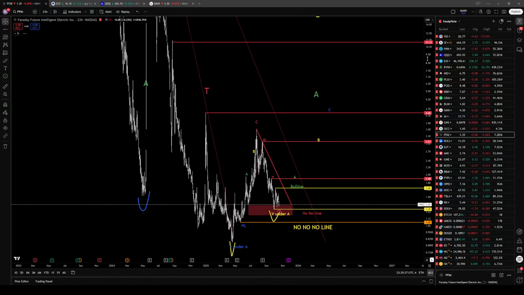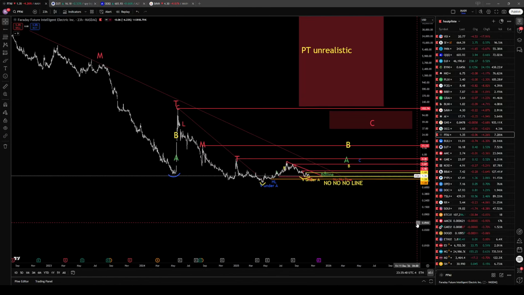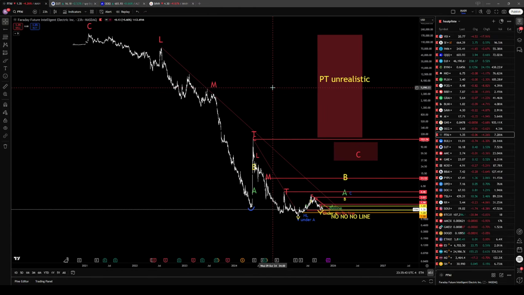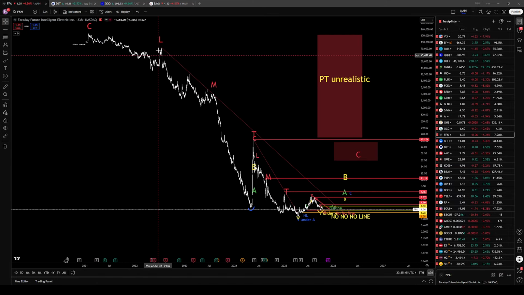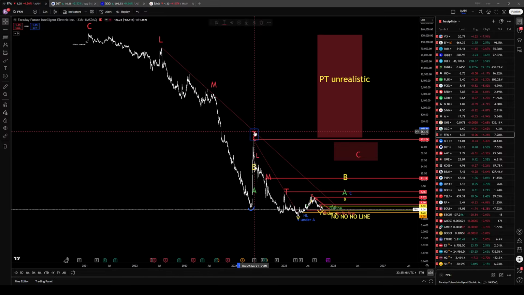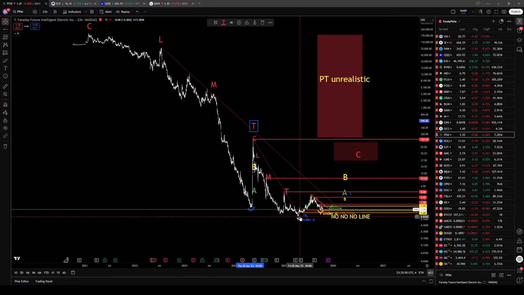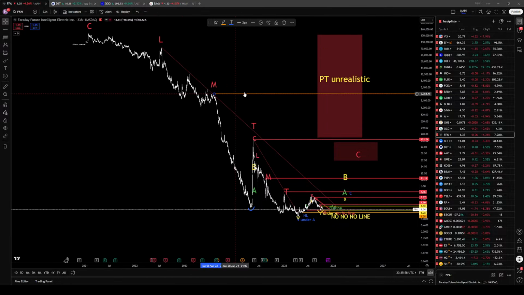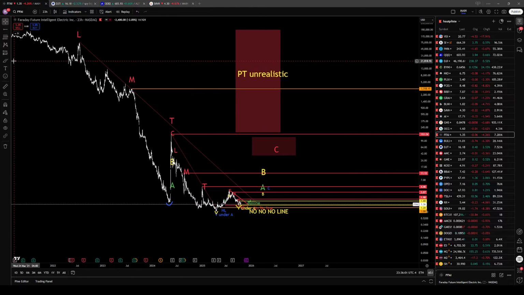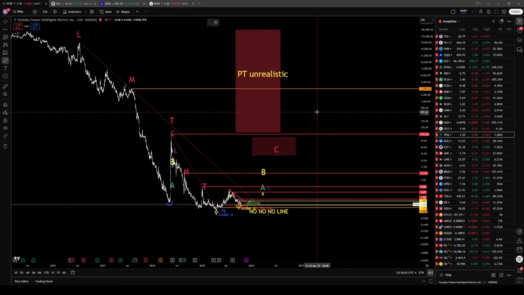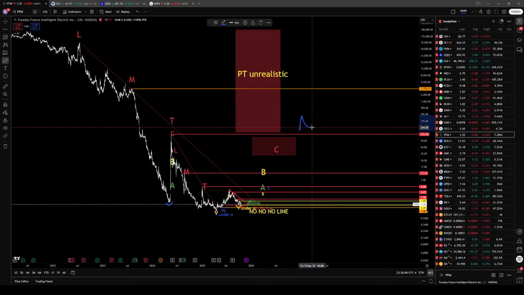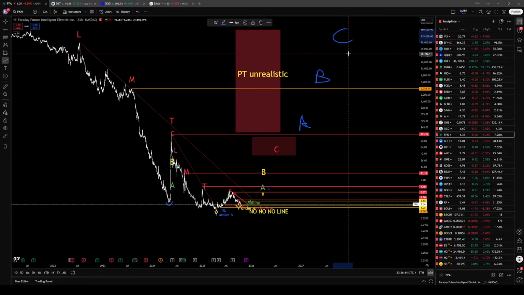Next one is FFAI. So we're coming from our C, lower high, midpoint, T to our V and A. So one last time, because normally if we're taking my rules, absolutely rule by rule, 1-to-1, this would be your A, this would be your B, and your C would be somewhere up there.